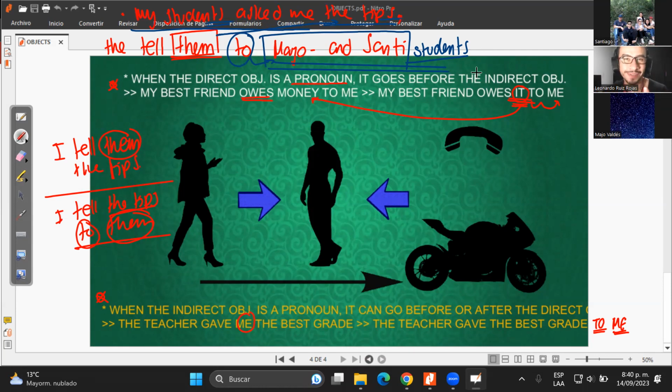Both are plural. Let me write it in black: direct object, tips, and the indirect object. The tips, like secrets, like the tips for doing something, right?